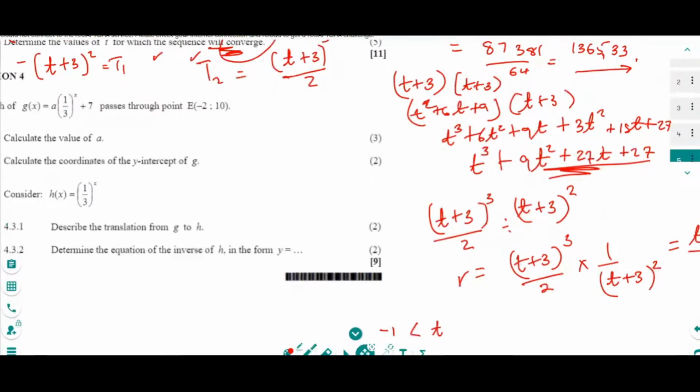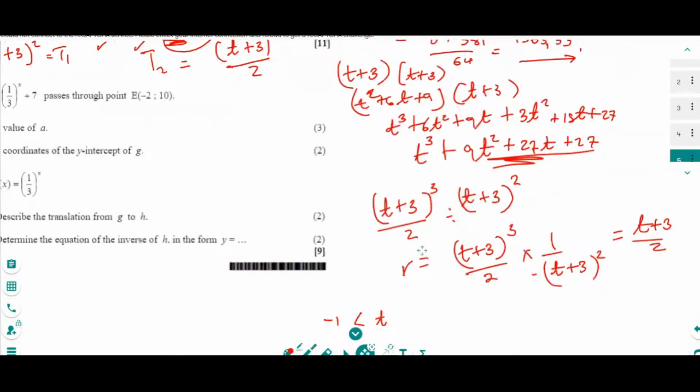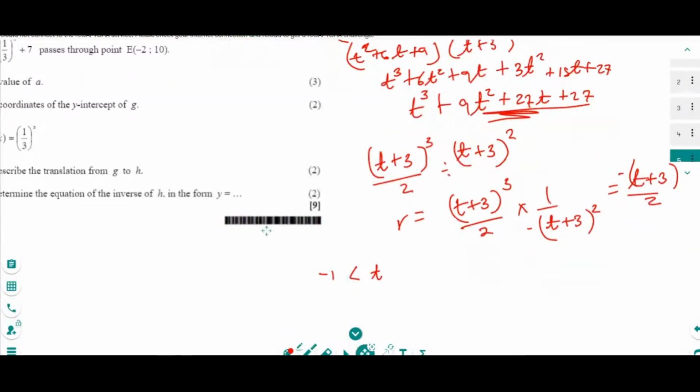Why are we leaving it? Please, let's go with our part. Okay, so which means our common ratio is going to change. I can include it, put this as a bracket with a negative sign. So even down here, when I'm applying the condition, I'll have to include it.